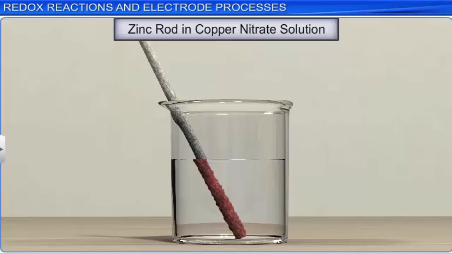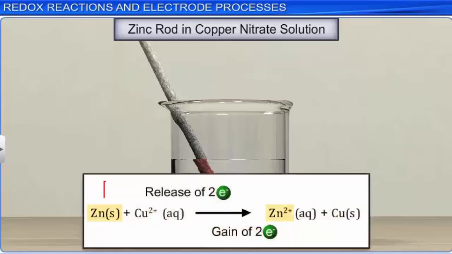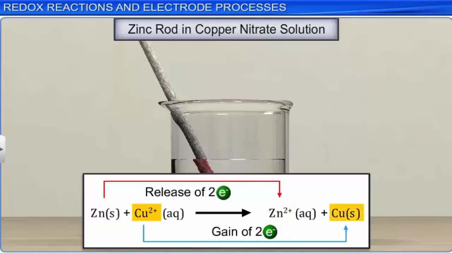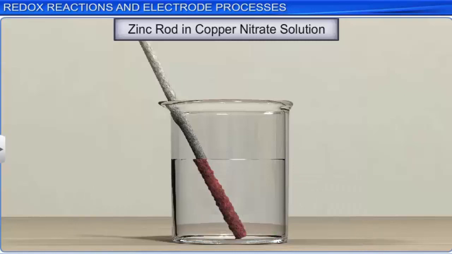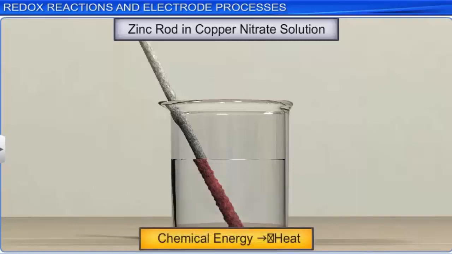In this reaction, zinc is oxidized to zinc ions and copper 2 plus ions are reduced to form copper. This reaction took place in an open vessel, and the chemical energy from the reaction was released as heat.